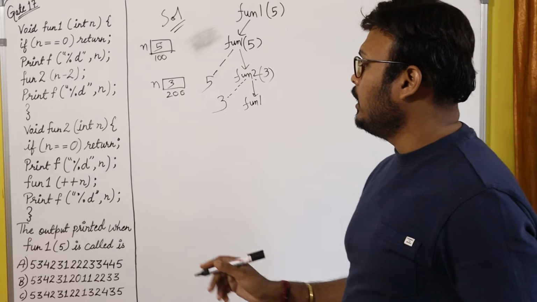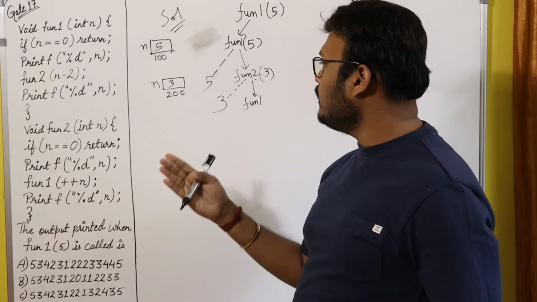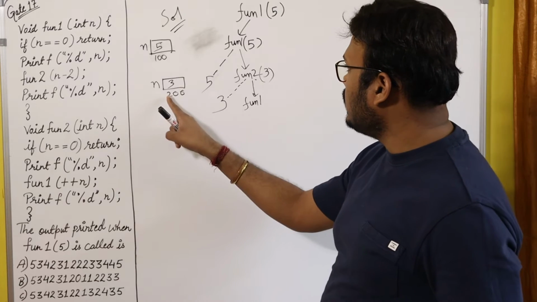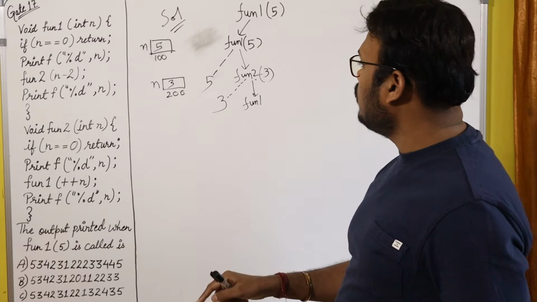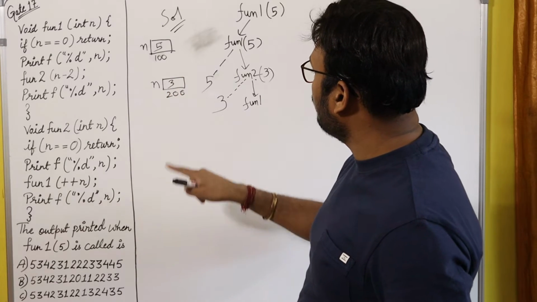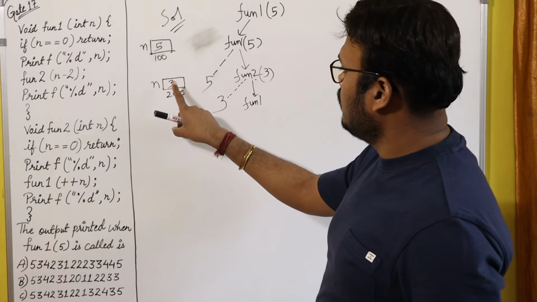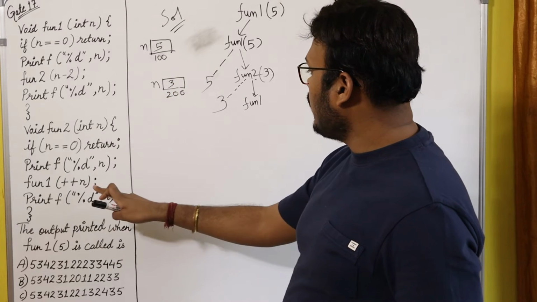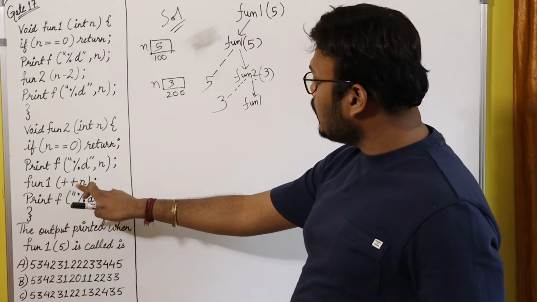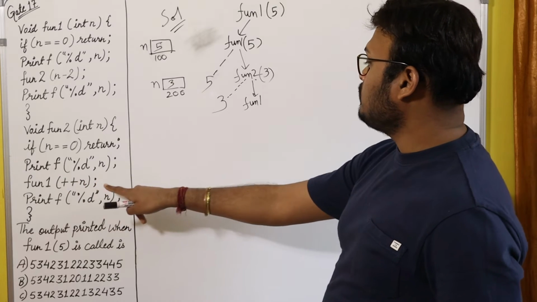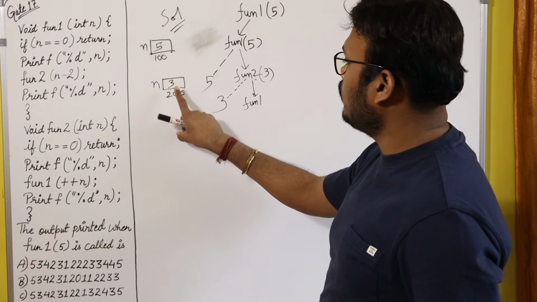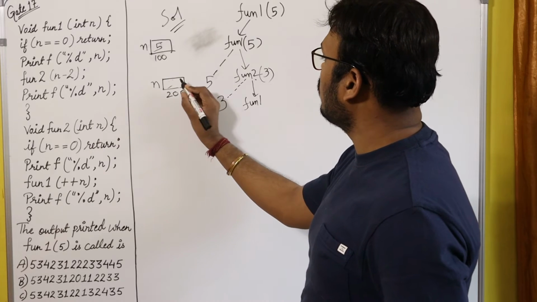Whatever the value of n, it will be incremented. The value of n is 3, so it will get incremented to 4. You see here, 3 has been passed, but pre-increment of 3 has been passed, so 3 will become 4.